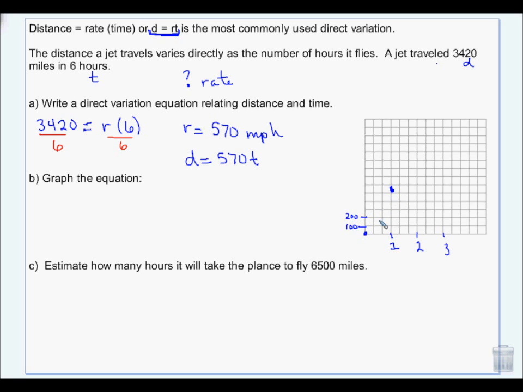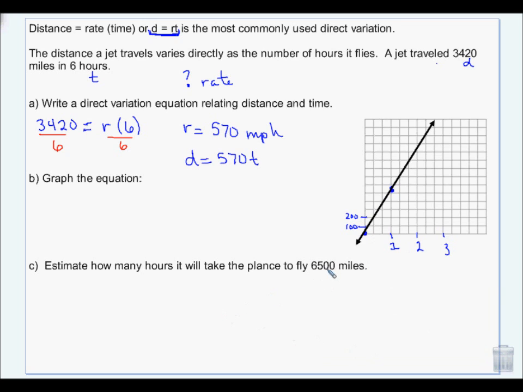And then you just connect the dots. Okay, so that's how we would graph it. Yours is more squished, but it's the same idea. Mine's just more spaced out so you can see it better on the board.